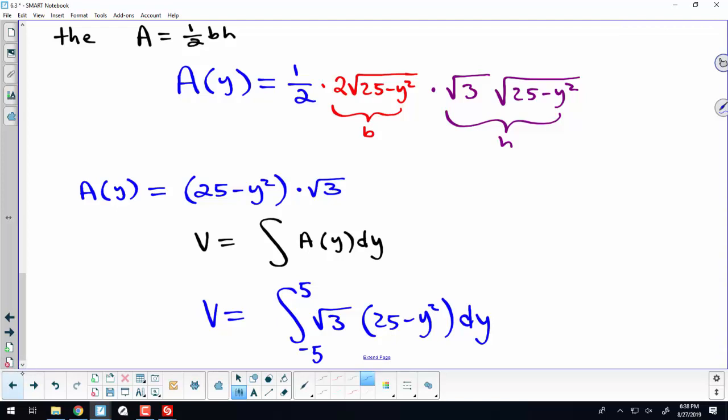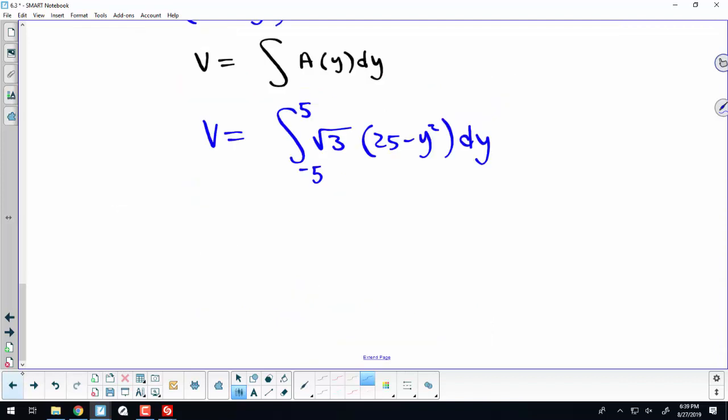It's just that you've got a -5 and a 5 to plug in. If we can go from 0 to 5 and double that, then the lower limit being 0 is always easier to plug 0 into anything than it is most other numbers. So I think at this point it's really a matter of what you prefer. So we could double half of that from 0 to 5.